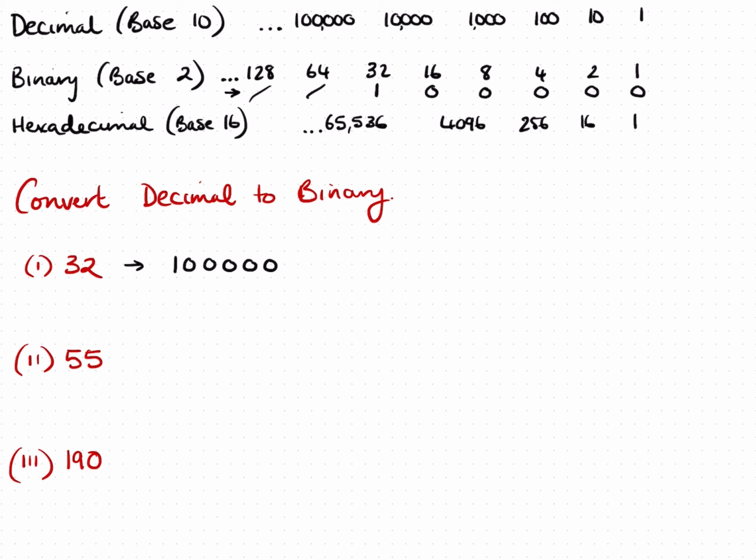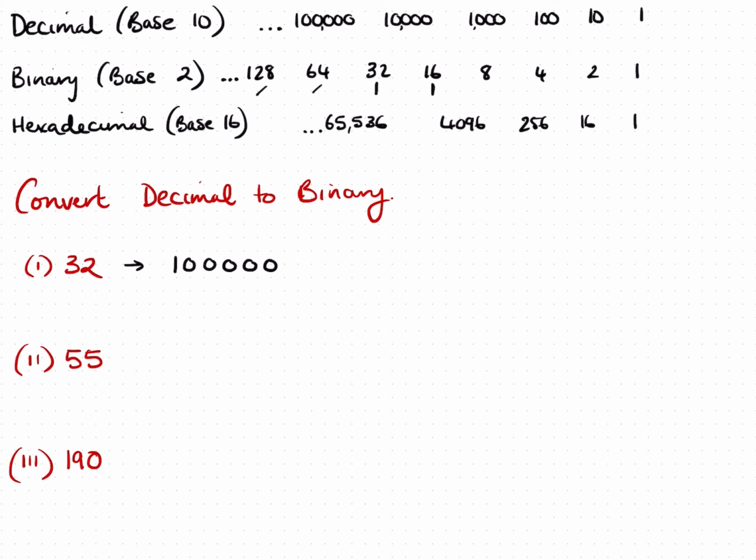Moving on to the second example, which is 55. Again, we'll start on the left and dismiss anything that's too big to be counted. So 128 is discounted, 64 is discounted, but we do need a 32. Now 32 away from 55 leaves you 23, so we still need 23 to add up to 55. The next number is 16, and it's smaller than 23, so we take the 16.